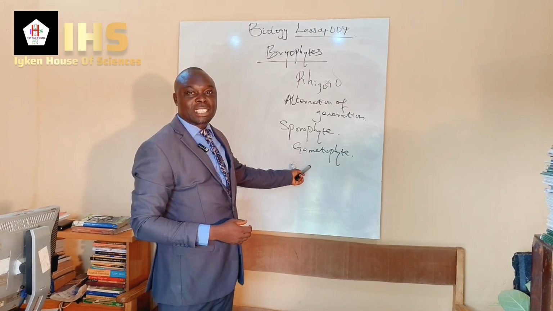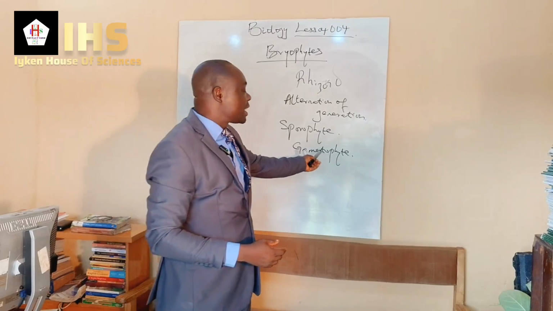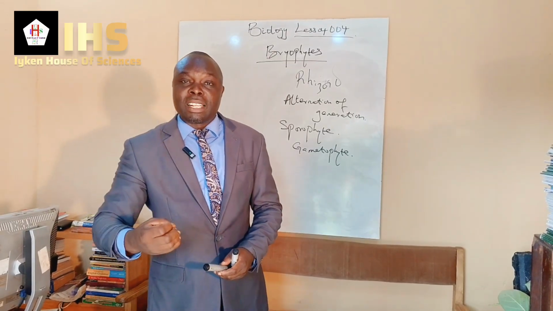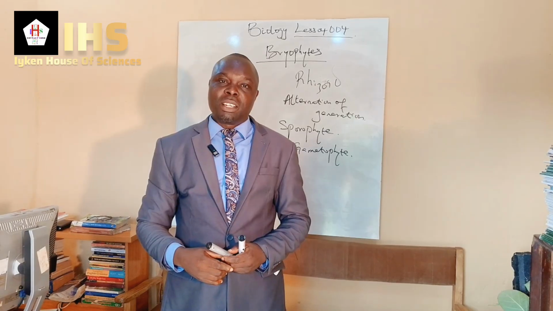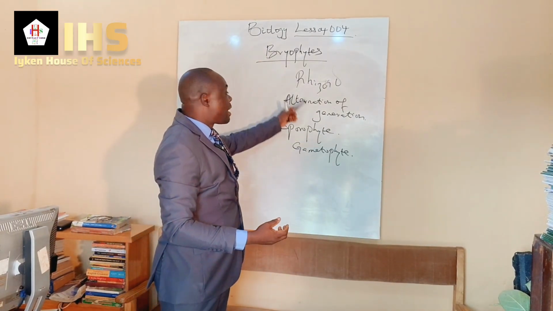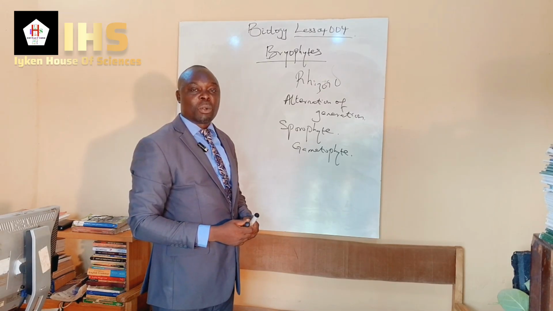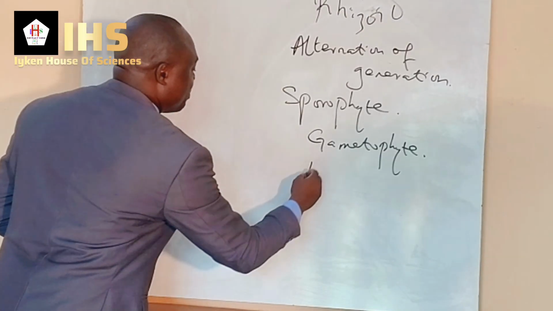Then the gametophyte stage is where the gametes are produced. In the gametophyte stage we have the female gametes and the male gametes. The male gametes in the bryophyte are produced in what we call the antheridium.